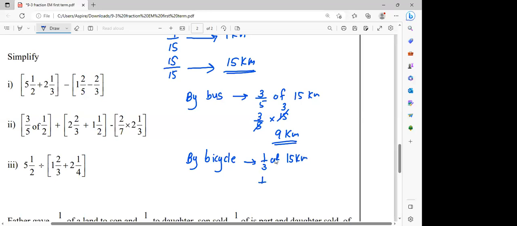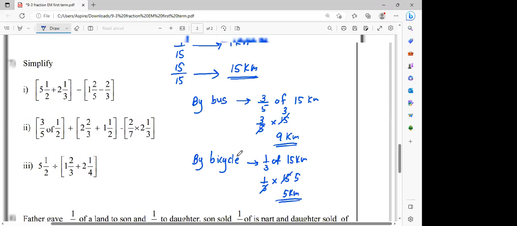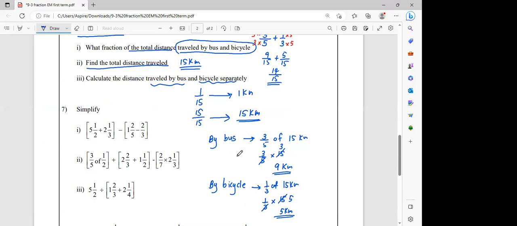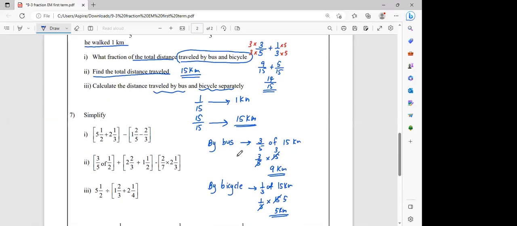Then 'of' is replaced by multiplication, 1/3 times 15. 15 divided by 3 is 5. So the answer is 5 kilometers. Okay. Here are the answers. Did you understand this part?